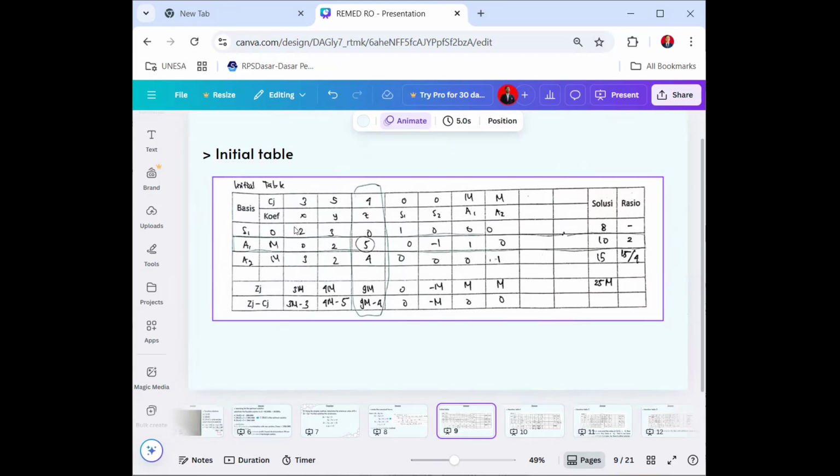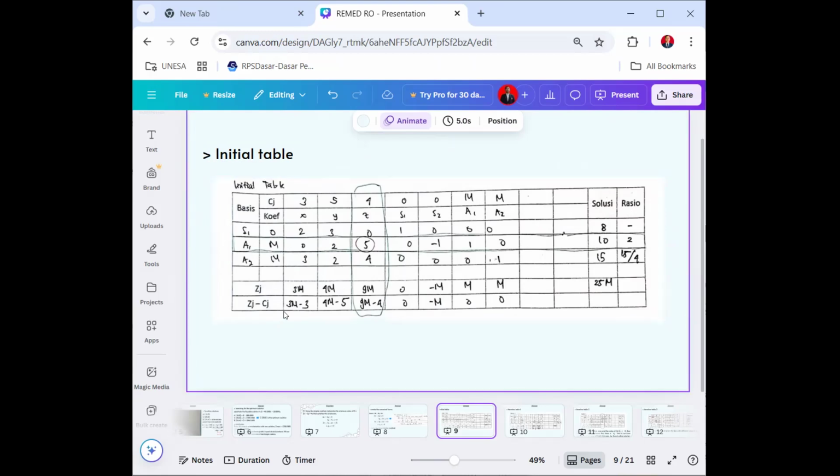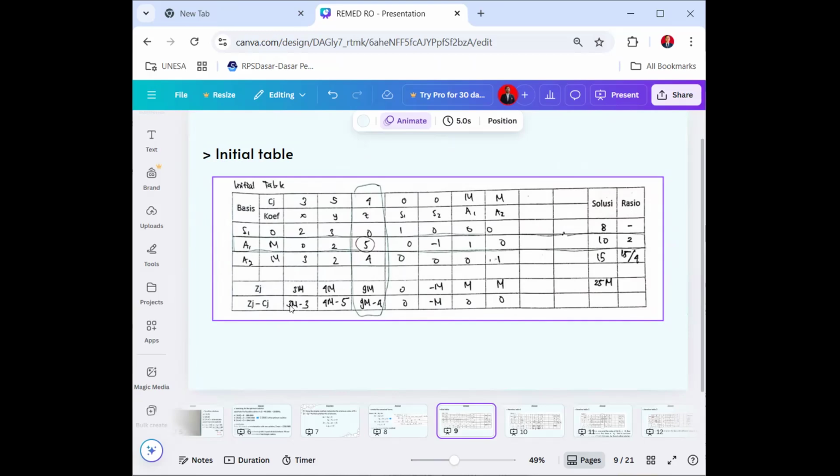And we need to do the simplex as usual. After we find the Zj, we find the Zj minus Cj. Because this is the minimization case, we search for the very big positive Zj minus Cj. So here is the value.